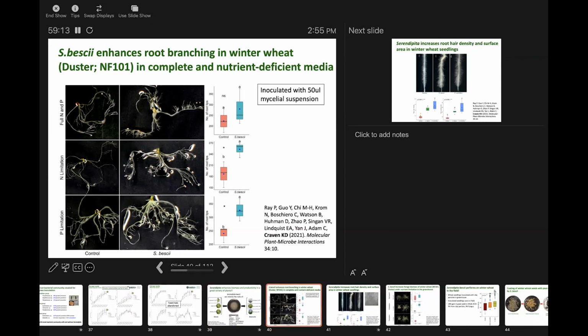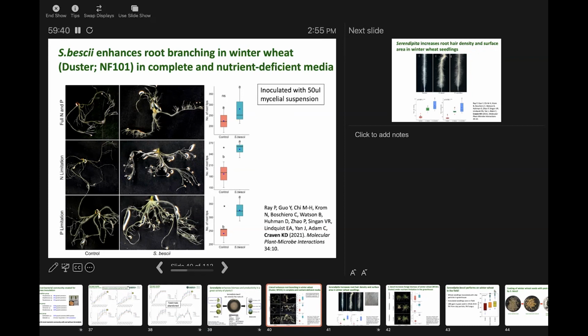So what you see here then are either the control root systems, these are very small seedlings, or the ones with the fungus. And what we've done is grown them under full nutrition, under nitrogen limitation, or under phosphorus limitation, okay? And we counted the number of root tips, all these different tips. And the fungus we put right in the middle.